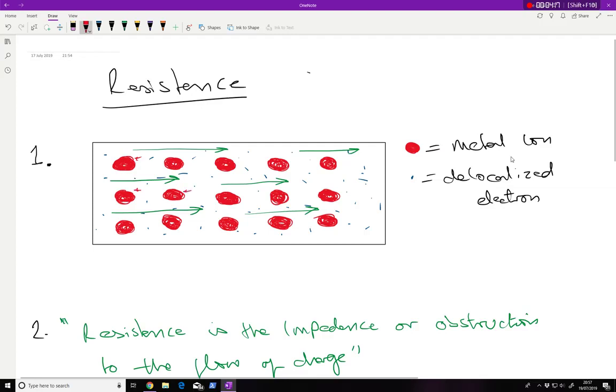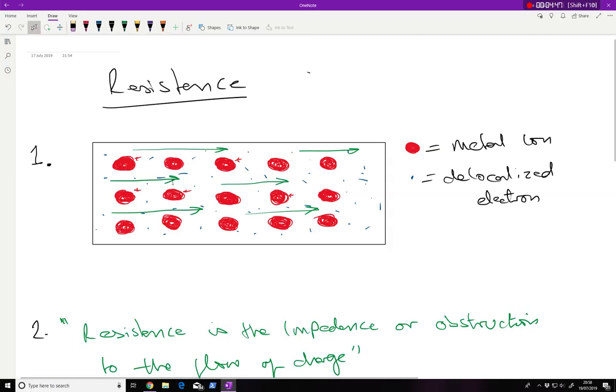I'm not going to do all of them, but just so you know, they're positively charged metal ions and they are arranged in a fixed metallic lattice. In between them, the blue dots are delocalized electrons. Delocalized electrons are electrons that are not bound to any of the atoms. They are free to flow. And I have the green arrows to illustrate the pathways which they may take.